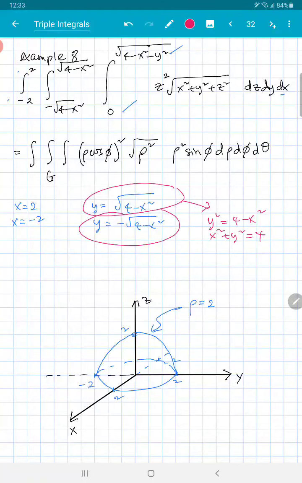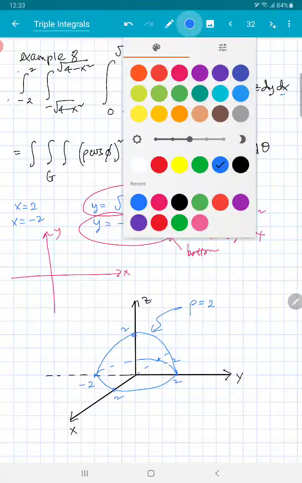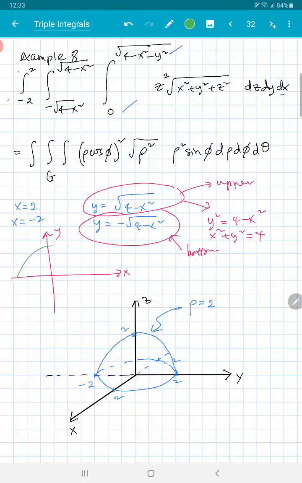The upper limit of y is the upper part of the circle where y is positive, and this is the bottom part of the circle. If you sketch this in 2D on the xy plane, this is a positive root, y equals square root of 4 minus x squared, and at the bottom we have y equals negative square root of 4 minus x squared.